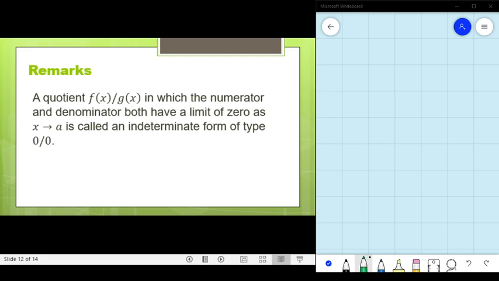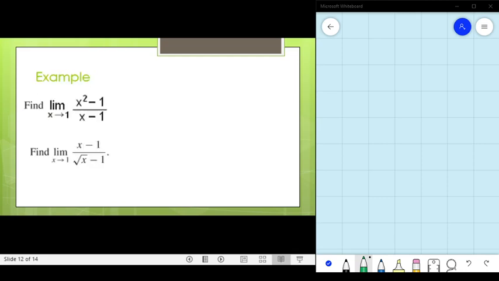So, ganina makita na nato ang value sa quotient of the function, the limit of the quotient. Dali ra tungod kay ang denominator is not 0. But what about kung sa situation wherein mo 0 ang denominator and 0 pod ang numerator? So what shall we do?